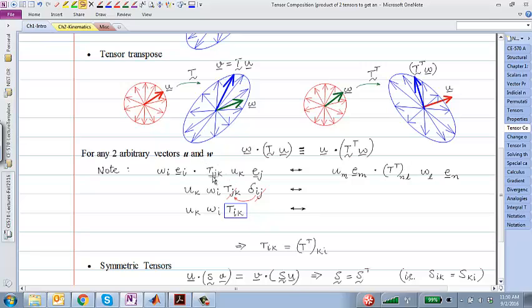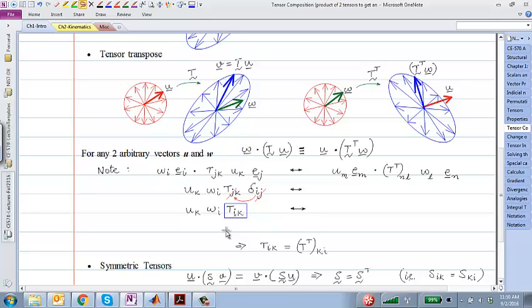And the result should be in the direction e_j. That's why T acting on u is written as this, in the direction e_j. All of that is just component notation. e_i dot e_j gives me delta_ij, contract j out, I get this expression, u_k w_i T_ik.